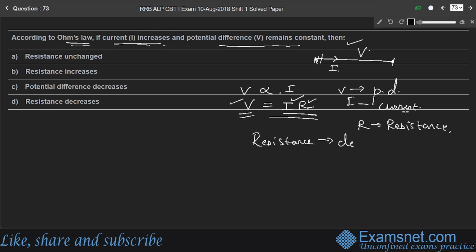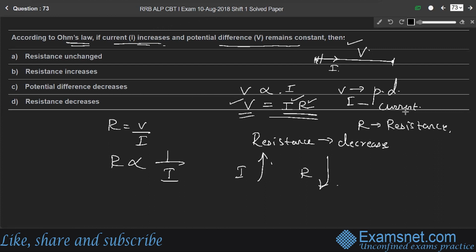Because if V is equal to IR, R becomes V by I, so R is inversely proportional to I. If I increases, R decreases. Therefore, option D is the right answer.